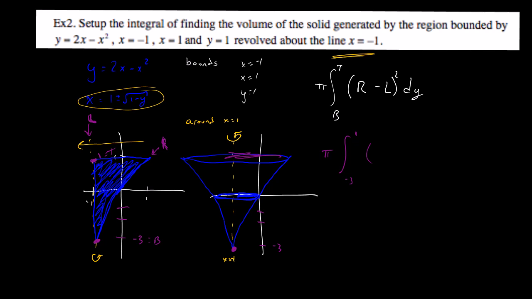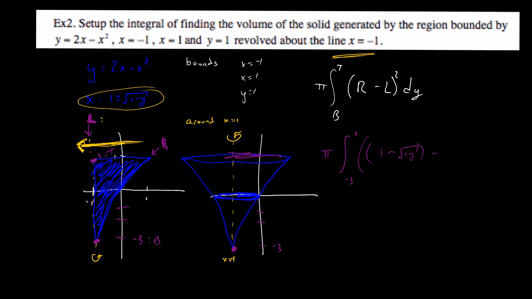This function right here is going this way, which is the negative x direction. So that's how we get 1 minus the square root of that piece. It goes in the negative direction, so we know it's x minus. That's our right function, and we subtract off our left function, which happens to be the line x equals -1. Oops, there's supposed to be a negative sign there, I apologize.